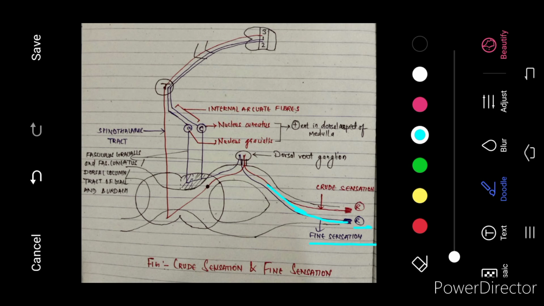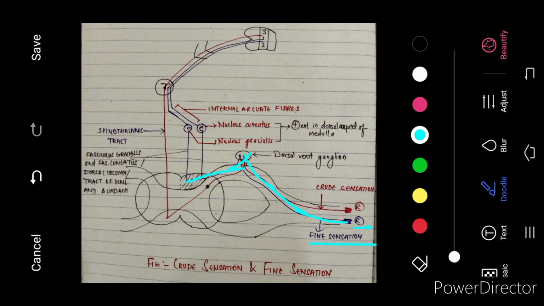From the dorsal root, it enters into the dorsal root ganglion, which is known as first order neuron of fine sensation. From there, it relays on the dorsal root ganglion, and again from there it comes out on the dorsal root. From the dorsal root, it goes to the posterior column of white matter.